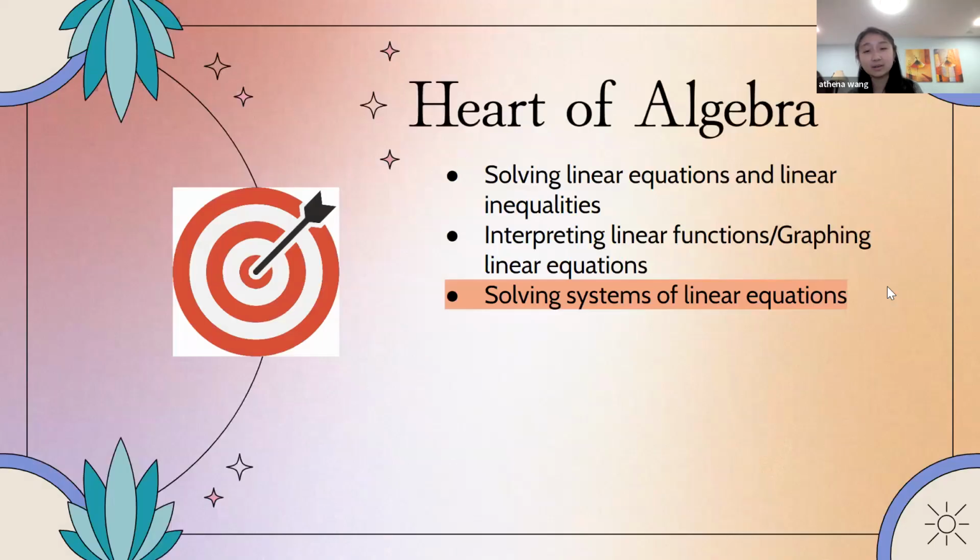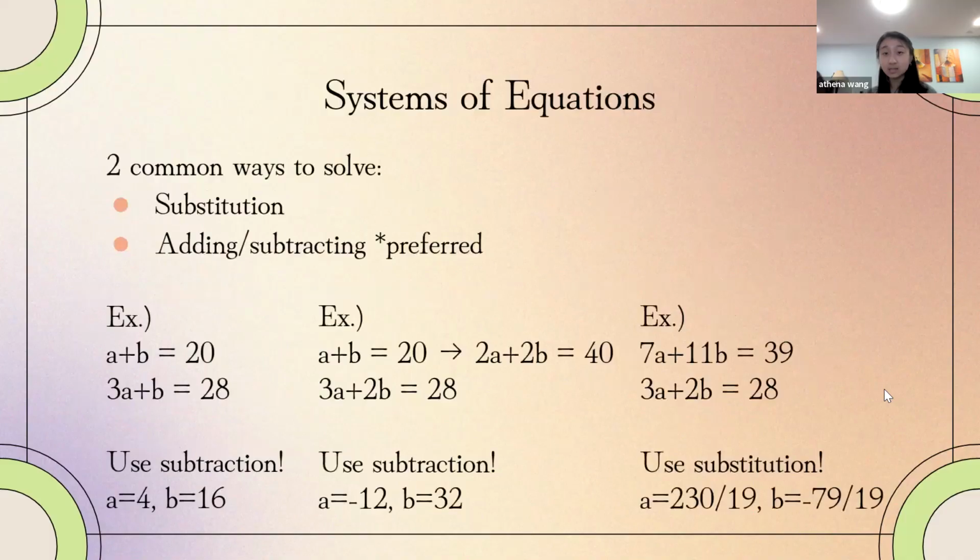Okay, so now we can go on to the third one, solving the systems of linear equations. Okay, so for these, there are 2 common ways to solve. There's substitution, which I really don't like, so I always like to use the second one, which is just adding and subtracting these equations.